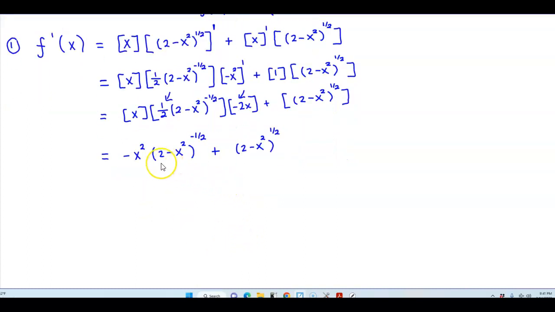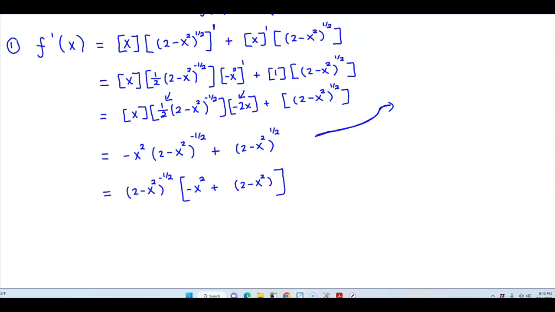Okay, so now we want to factor out a 2 minus x squared to the negative 1/2. And then what's left is the following. We have negative x squared, and that's going to be plus 2 minus x squared.